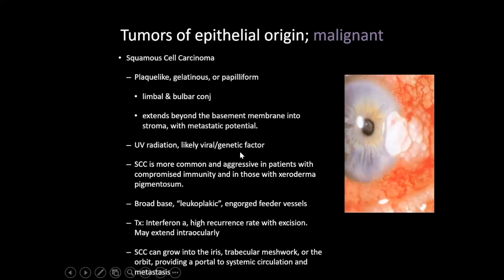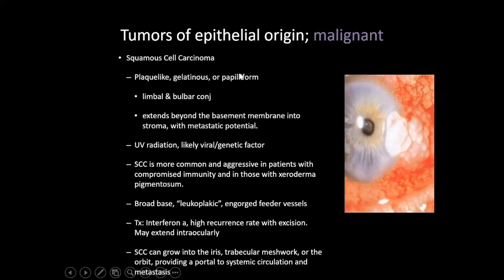Malignant tumors of epithelial origin, the commonest is squamous cell carcinoma. And these are the clinical types: the plaque-like, the gelatinous, and the papilliform type. The common locations are the limbus and the bulbar conjunctiva. They can extend beyond the basement membrane into the stroma with metastatic potential.